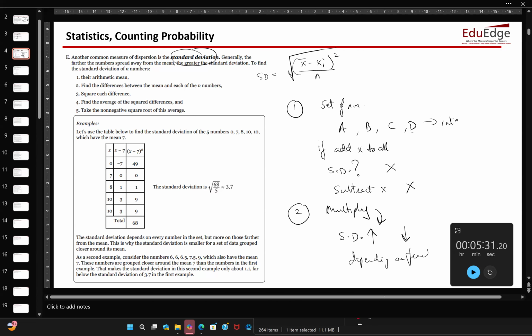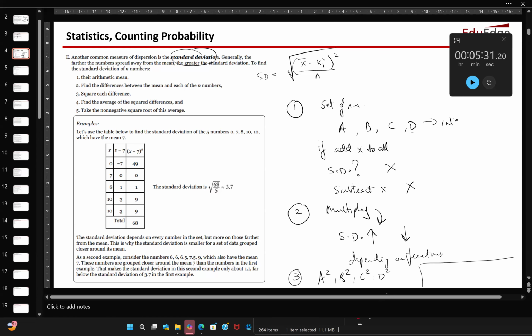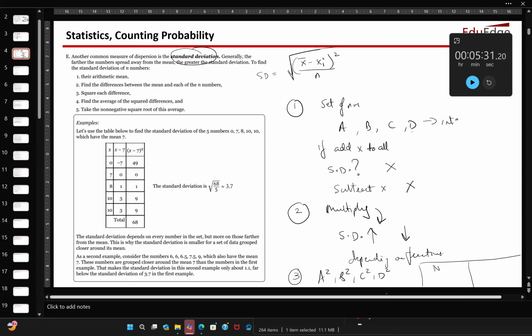If you square the numbers, are you going to increase the standard deviation? Yes, because in the end I'm multiplying it. It should increase, no? Again, two scenarios will be there. Non-fractions will increase the standard deviation. Fractions are going to reduce the standard deviation. Will the standard deviation also get squared?